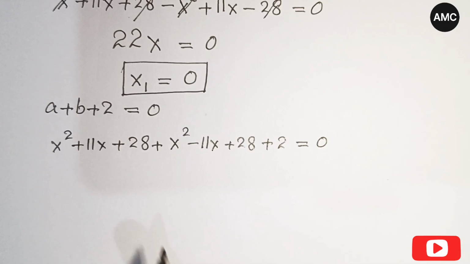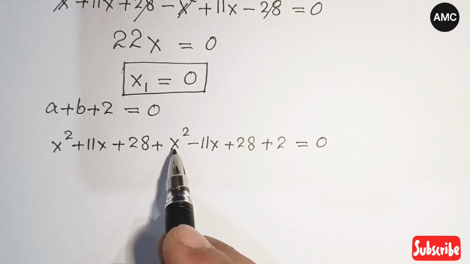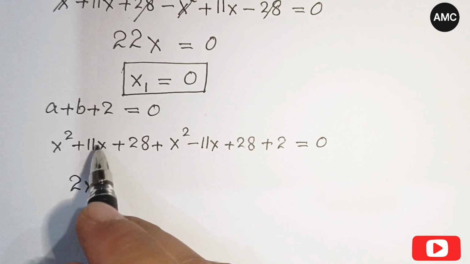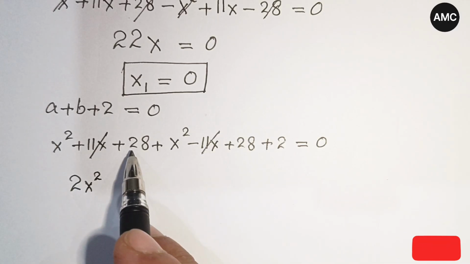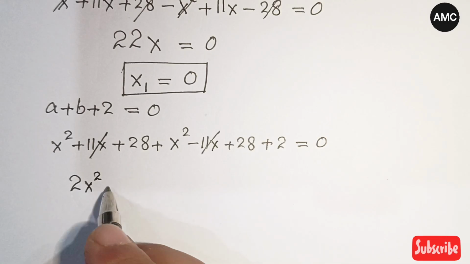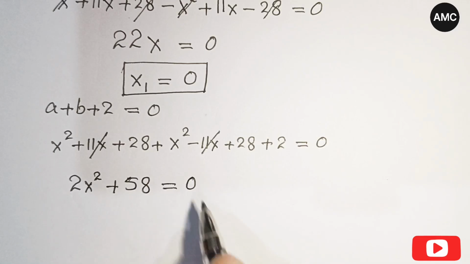Now solving this equation with respect to x, plus x squared plus x squared is 2x squared, plus 11x is cancelled out with minus 11x, so plus 28 plus 28 is 56, and plus 2 is 58, so 2x squared plus 58 is equal to 0.